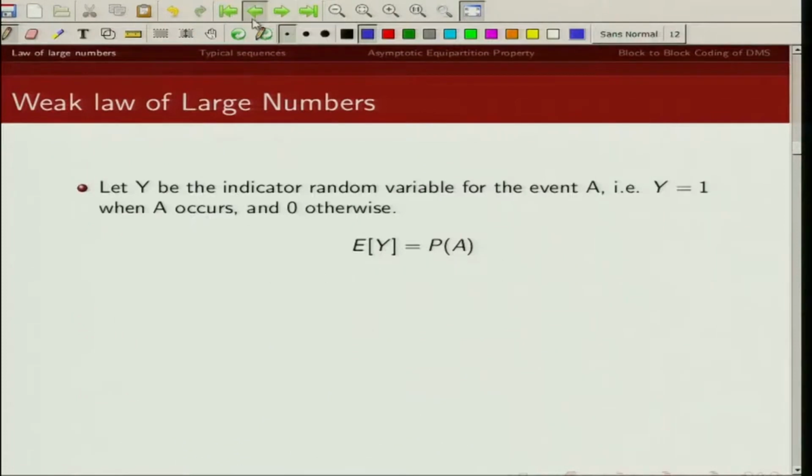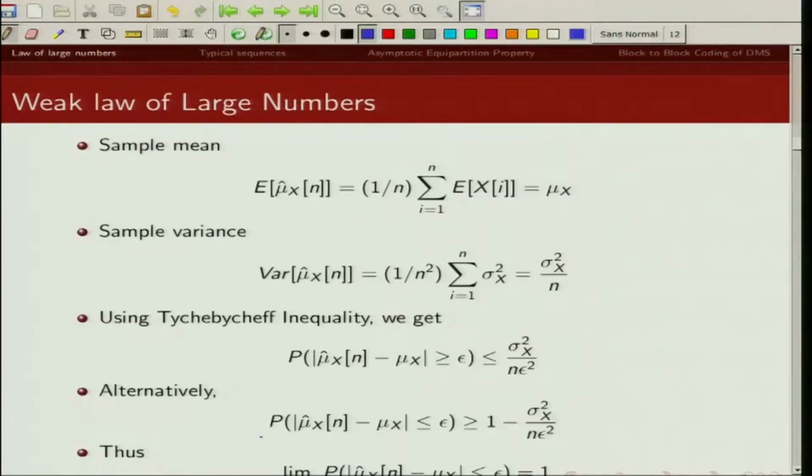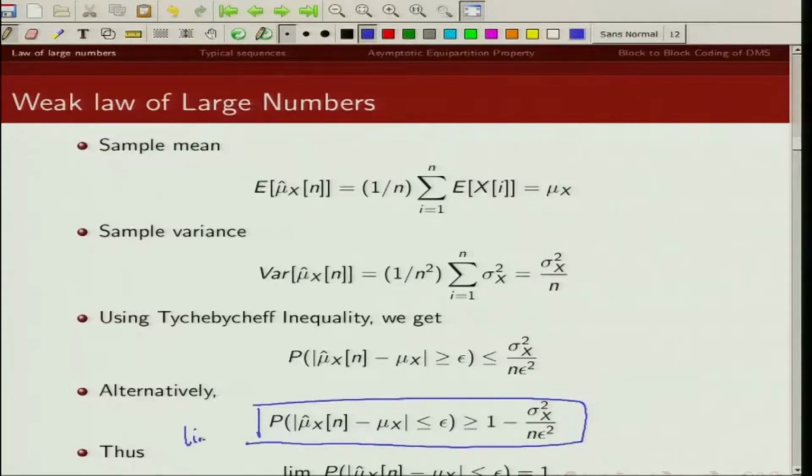So that essentially shows that when we take the limit n tends to infinity, the probability that the absolute difference between mu hat of x and mu x is less than or equal to epsilon will basically become 1, because this term will go towards 0.